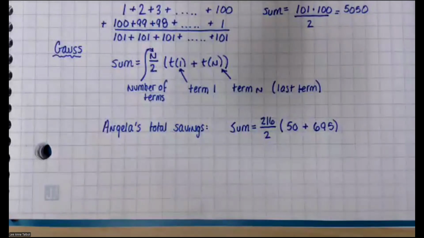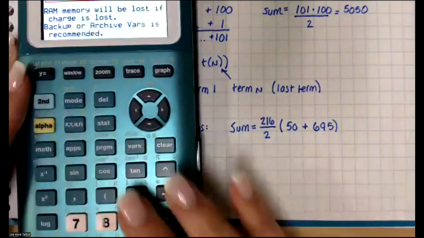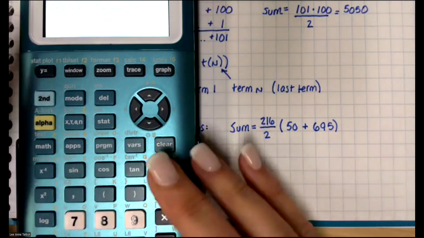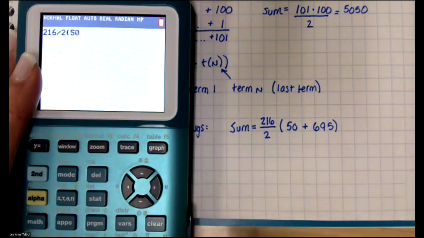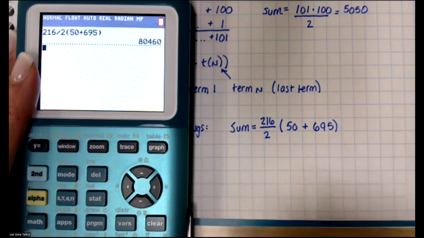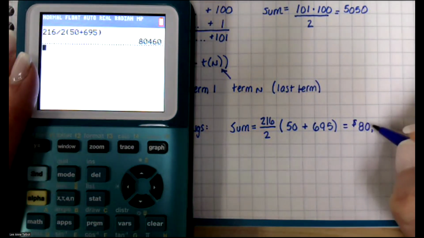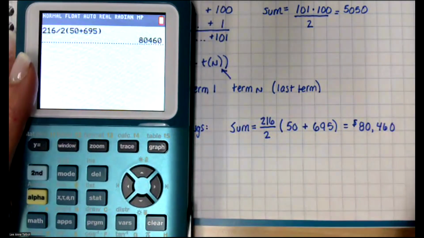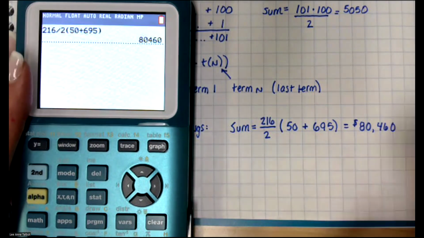Okay, so calculator. This is very easy. You can just go 216 divided by 2, and then parenthesis 50 plus 695. So without any interest, he saved for her $80,460.